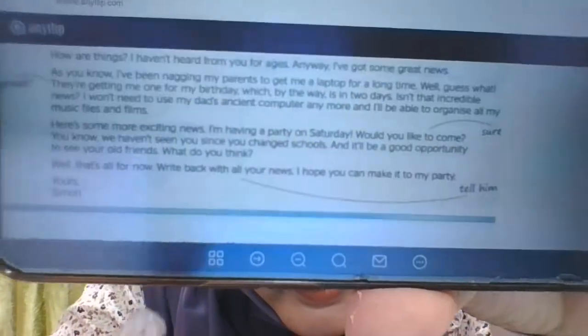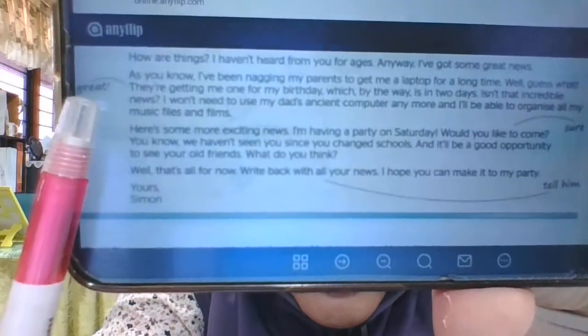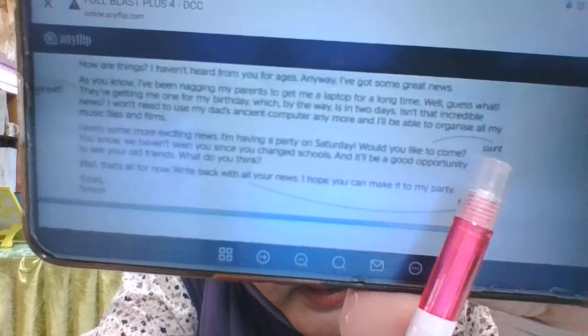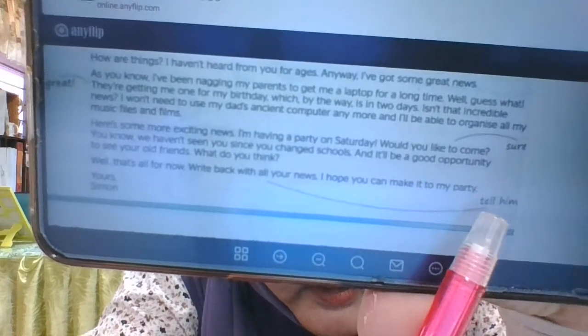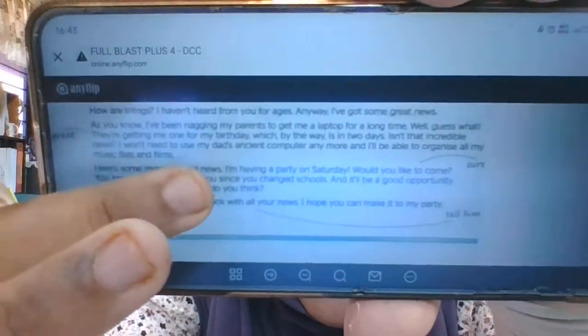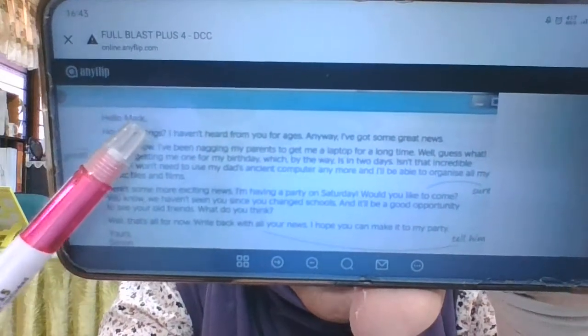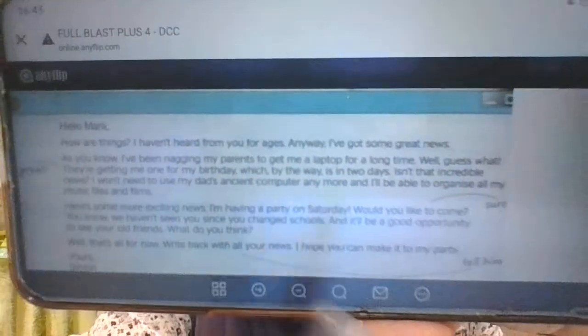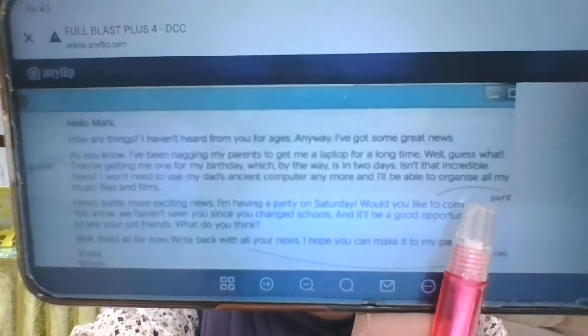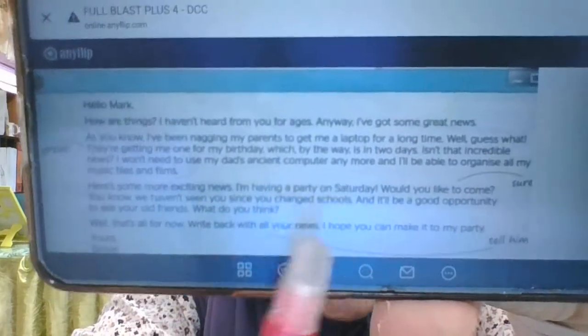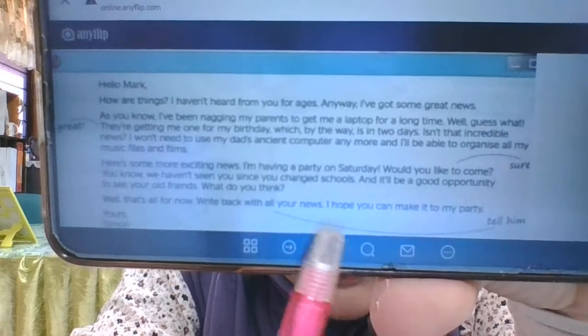Where are the notes? Okay, as you can see in the email, can you see this one and this one and also this one? These are Mark's notes, right? See, hello Mark. So this email is read now by Mark, and this is the answer of Mark for this paragraph, and this is the answer for this paragraph.